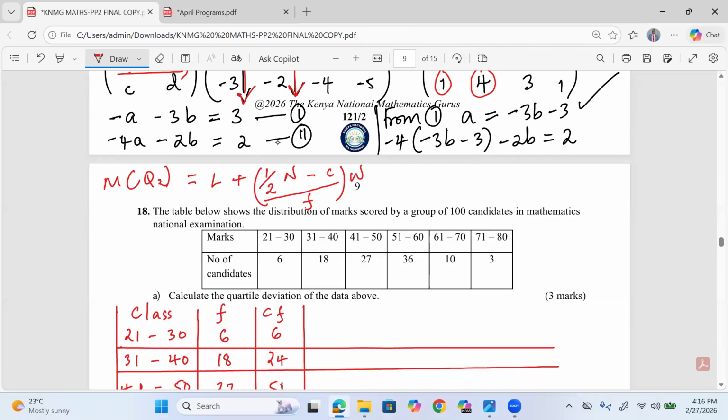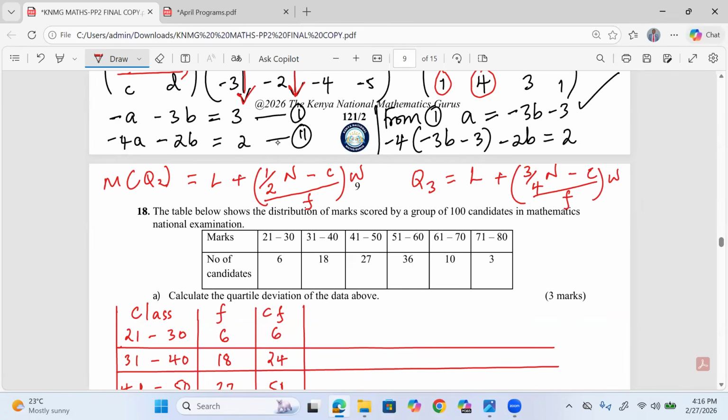So half of the total frequency gives us the middle quartile, rather the median. Now from this, we can talk about the upper quartile, Q3. Q3 is given by the lower class boundary of the Q3 class plus 3/4 of the total frequency minus the cumulative frequency just before the Q3 class, out of F. Then everything here should be multiplied by the class length.